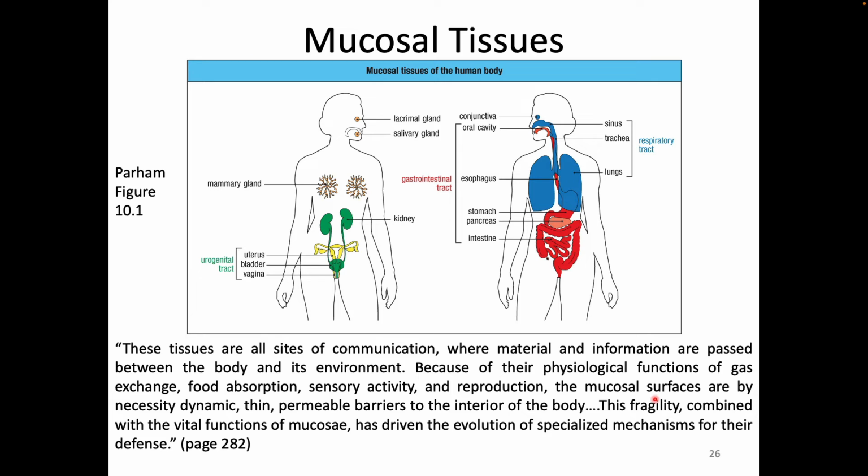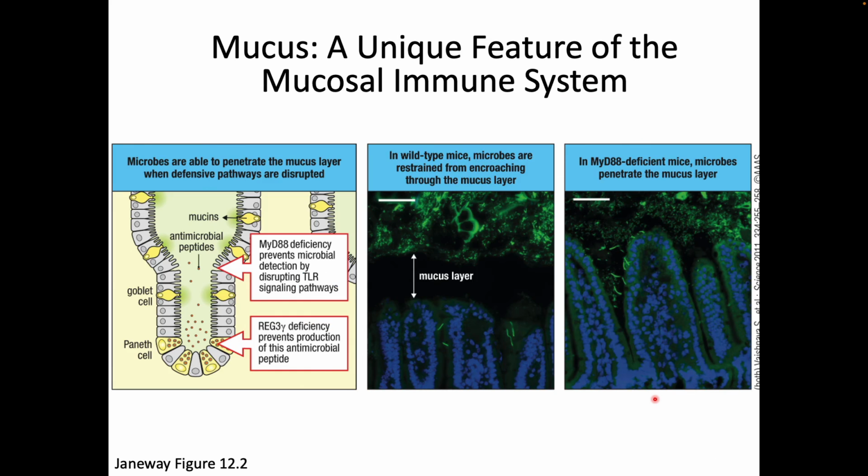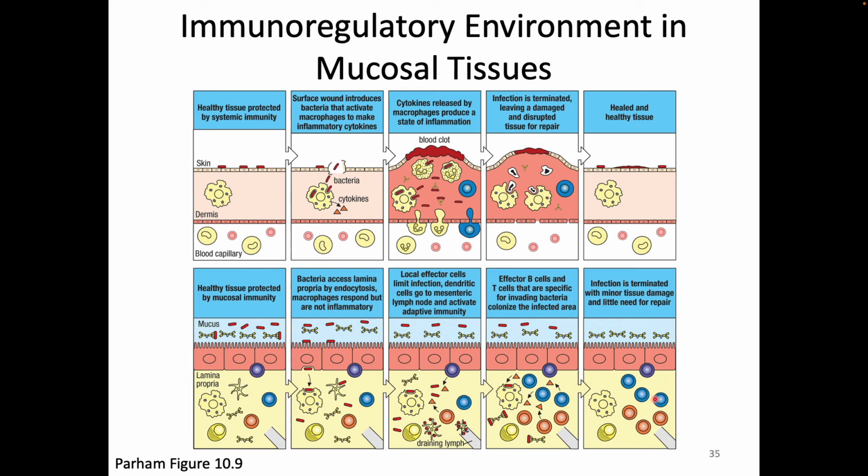And if there was excess inflammation, you would actually stop the function of those organs. So one problem is you need to make sure that you don't have any kind of excess inflammation in those organs. Because if you did, you'd be in a bad situation. So instead, the innate immune cells are sort of saying, everybody calm down. We're in a location where we cannot have an excess type of response.